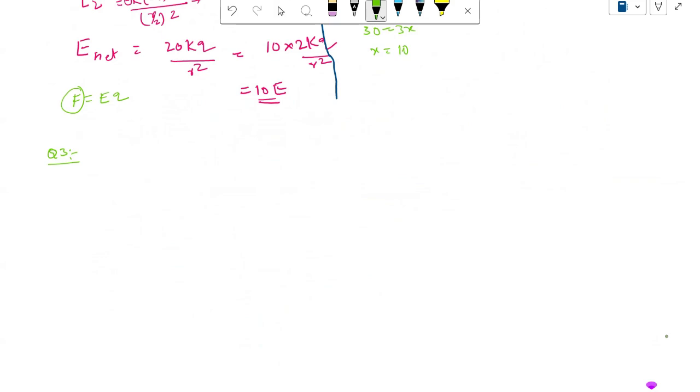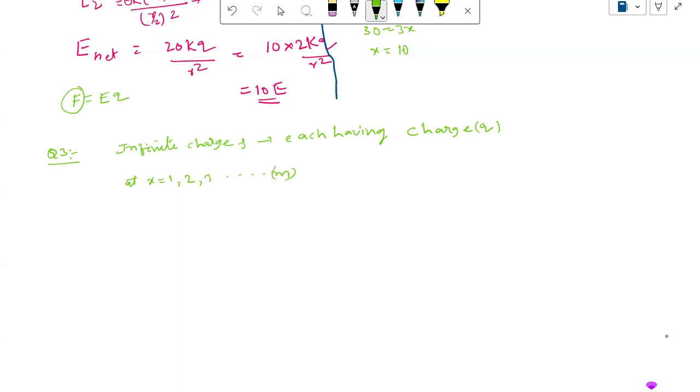So now see, there are similar charges. Infinite number of charges are there, each having charge Q. They are placed on the line on the x-axis at x is equal to 1, 2, 3 and so on to infinite meters.